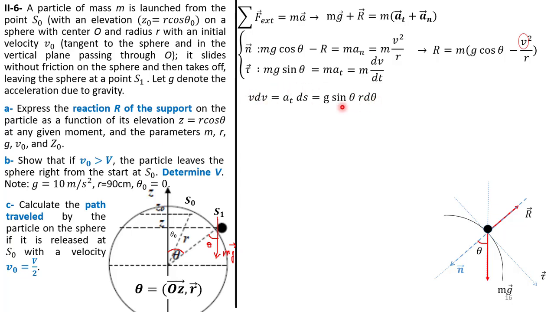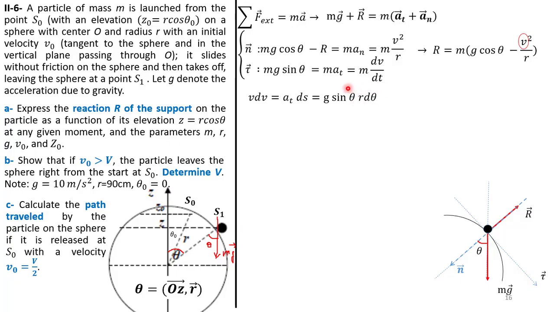So based on this equation, can we find v? Can we directly integrate? Are the variables well separated? Here we have v dv, and after the equal we have g sine theta r d theta. g is a constant, r is a constant, it's the radius of the circle.